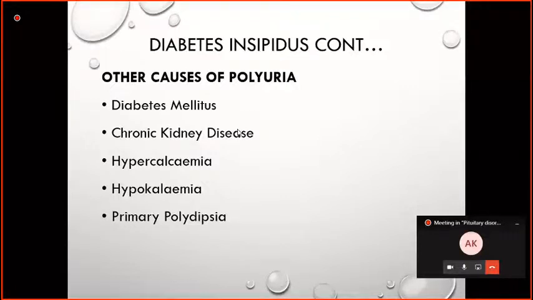Other causes of polyuria are just extra notes for diabetes insipidus, because it is not easy to diagnose diabetes insipidus. You have to rule out other causes first. Diabetes, CKD, you have to rule out all these causes before you actually diagnose a patient to have diabetes insipidus.